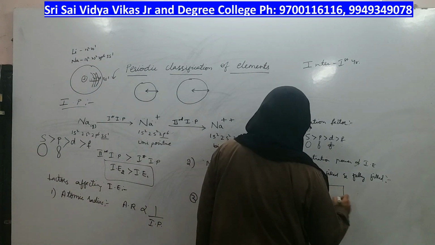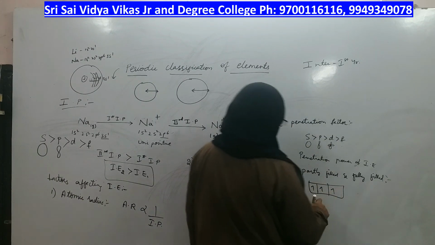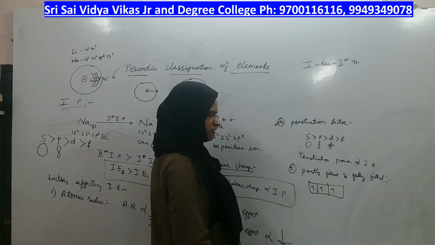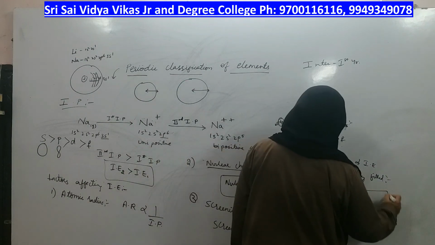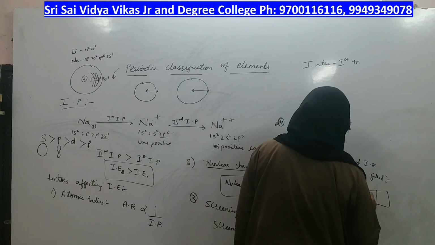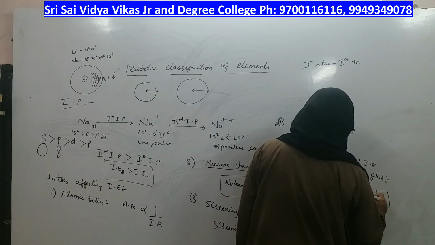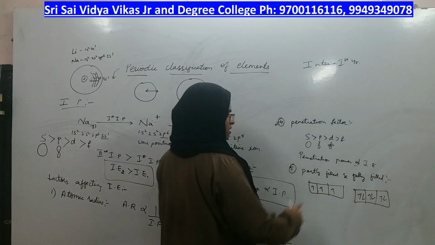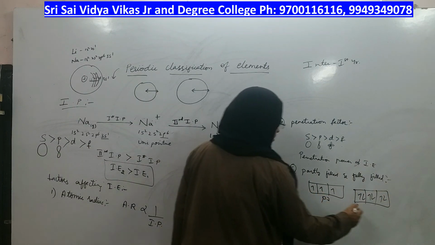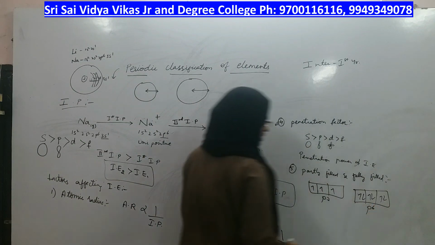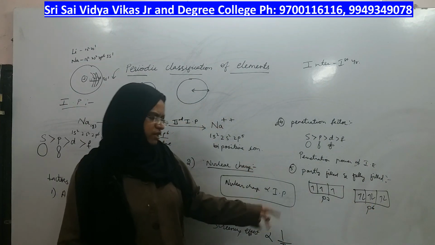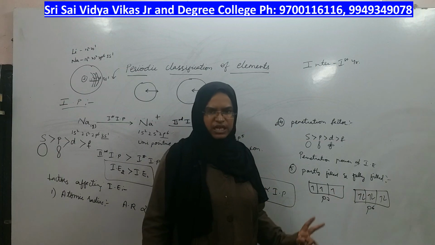Example, if you take p3, is it partly filled or completely filled? Partly filled. And p6, all the electrons are paired. Apart from p3 and p6, what else do you have? You have p1, p2, p4, p5, right?